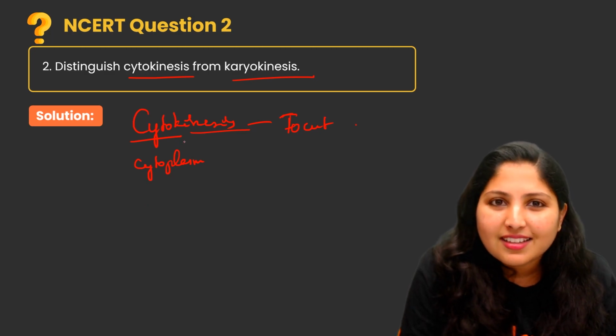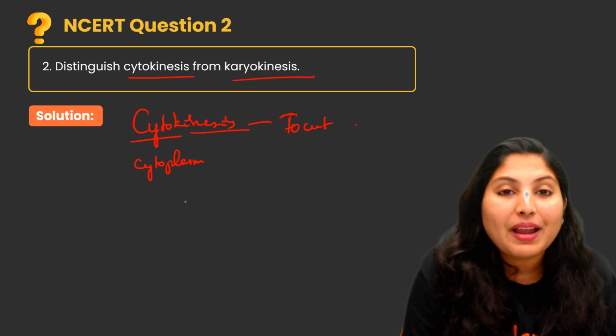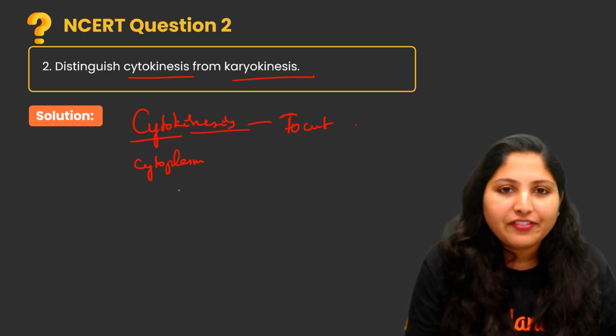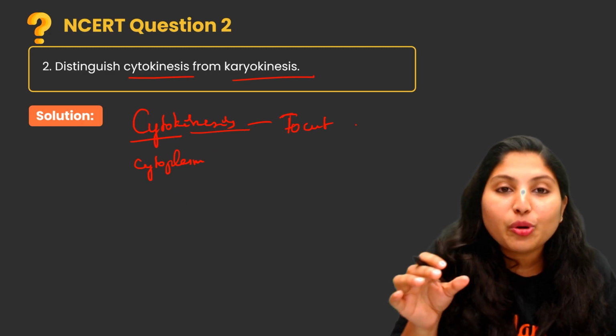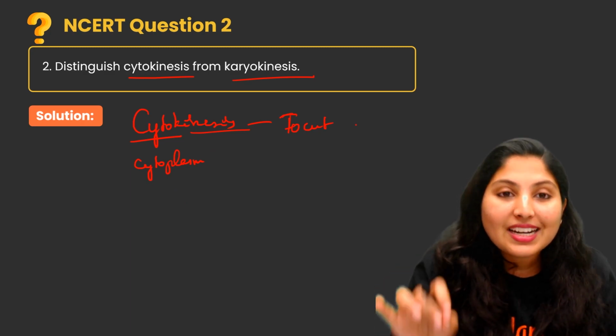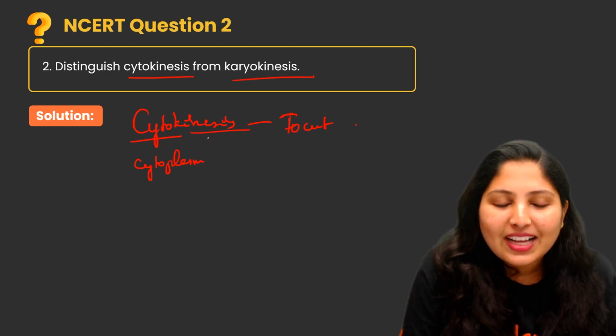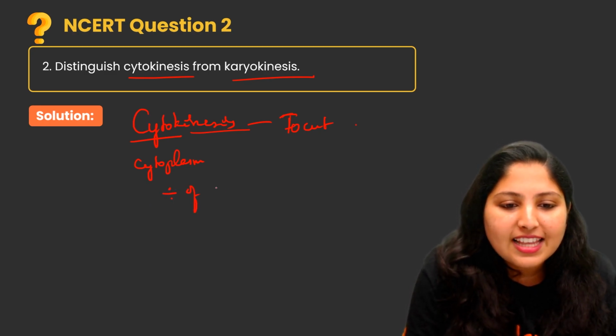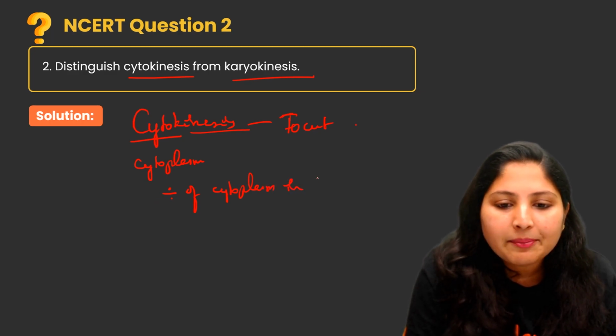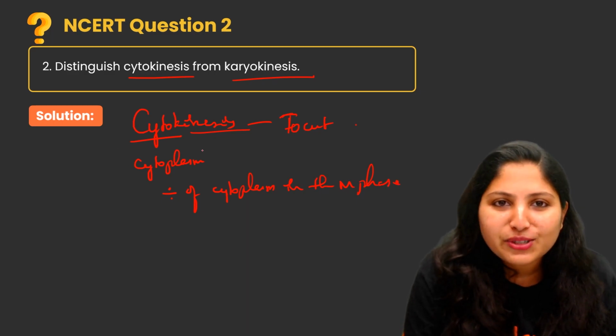So cytokinesis means cytoplasmic division. During M phase, the cytoplasm divides, and that is known as cytokinesis: division of the cytoplasm in the M phase.